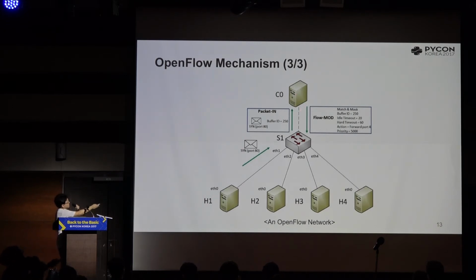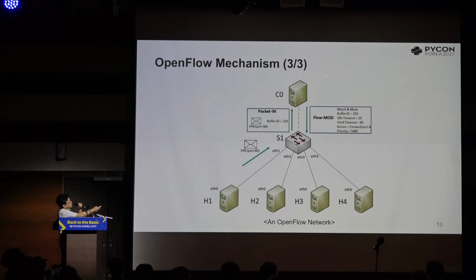A flow is a combination of your header fields. It can be a combination of your port in, source MAC address, destination MAC address, IP address, TCP ports, and things like that. Once you have an entry, it's not going to ask the controller again.